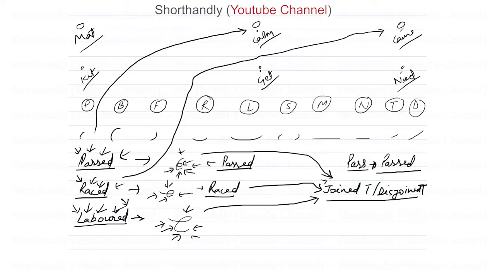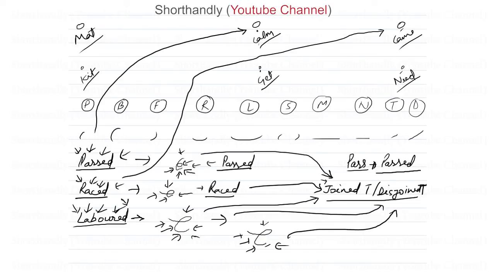Now if we make this same word again, but this time use the disjoined T, it will be made like this. Again we have L, then A, then B, then R, but this time we used the disjoined T, because you see, T is disjoined here.